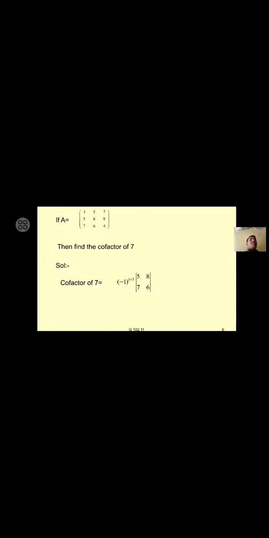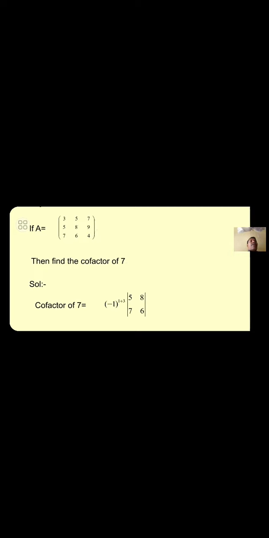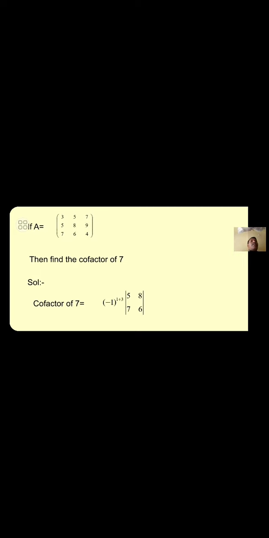So first we are finding the 7 in the first row, third element position. So cofactor of 7 equals minus 1 whole power 1 plus 3 into determinant of 5, 8, 7, 6. Minus 1 whole power 1 plus 3 means positive, because minus 1 whole power 4 is an even number.